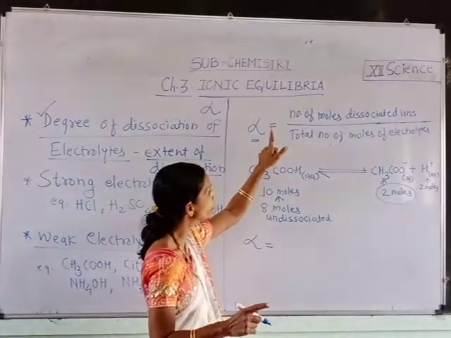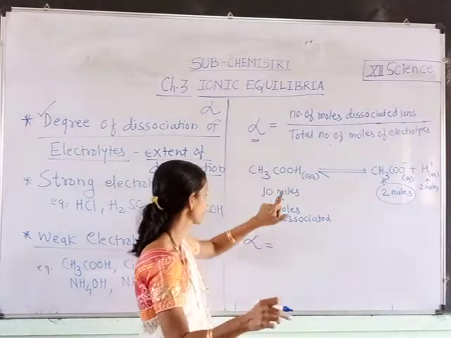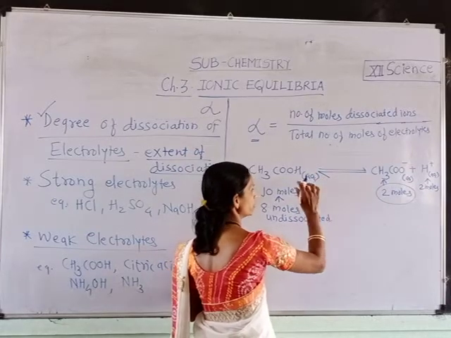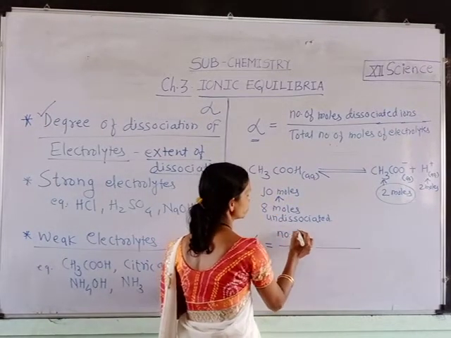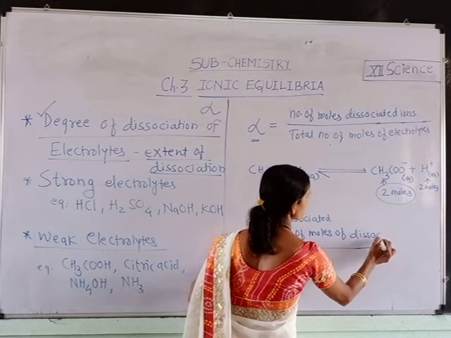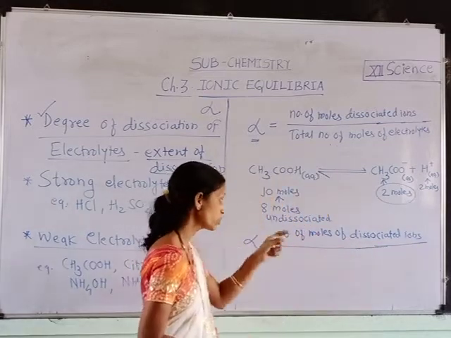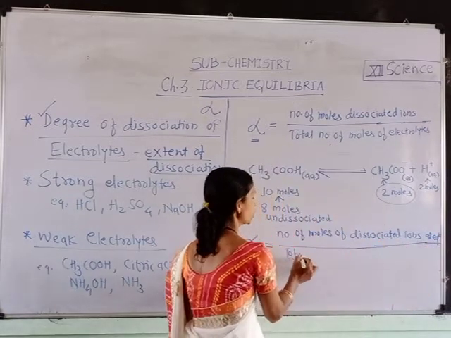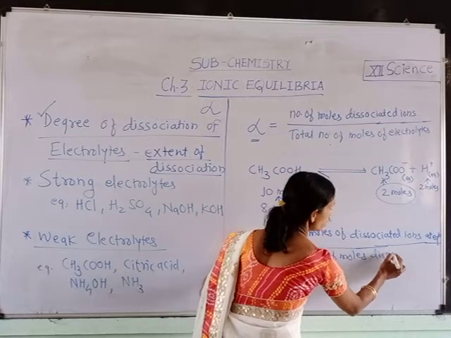Therefore, when equilibrium is attained in any electrolyte dissolved in water, with ions and unionized molecules of the electrolyte present, then we can calculate the total number of moles of dissociated ions at equilibrium upon the total number of moles dissolved at start.